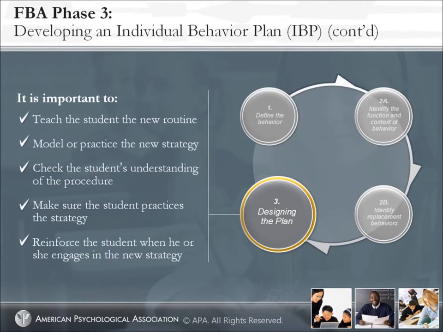It is important to re-emphasize that the goal of any behavior plan is not just to stop specific instances of misbehavior, but rather to help the student learn new responses that will enable them to internalize behavioral control.